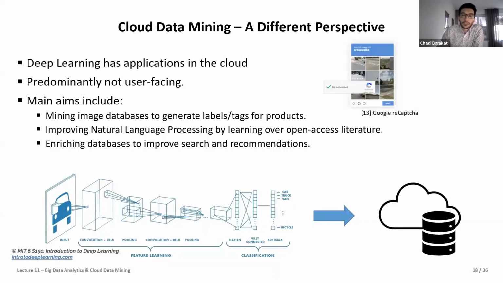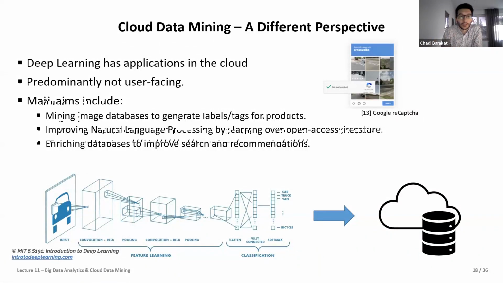Data mining on the internet also helps in developing your natural language processing projects. For example, a lot of natural language processing applications use the Gutenberg online database, which is a collection of open source books or books that are outside of the copyright and are available freely.